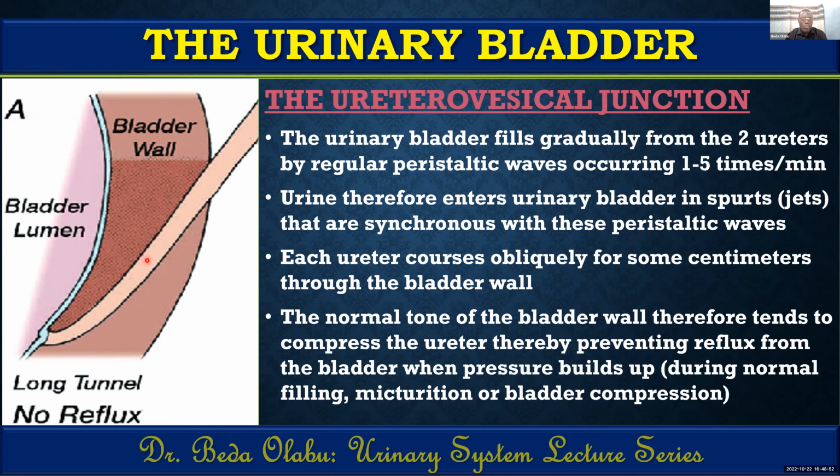So the compression can be because of normal bladder filling, or even when somebody's micturating, there's a lot of pressure, contraction, or if somebody has applied external pressure on the urinary bladder, it should not allow backflow of urine. So the obliquity of the ureter within the bladder wall helps to prevent reflux of urine.